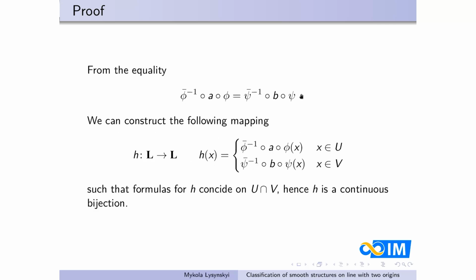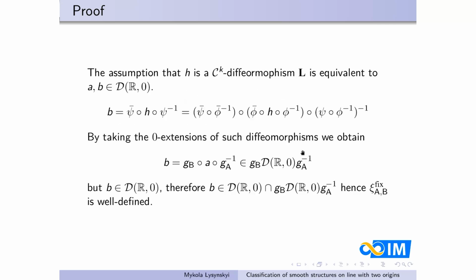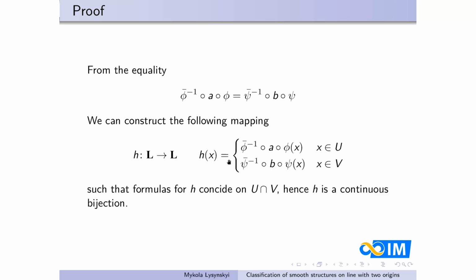From the equality, which can be deduced from this, we can construct the following mapping h. We can see that such formulas for h coincide on the intersection. Hence, h is a continuous bijection.